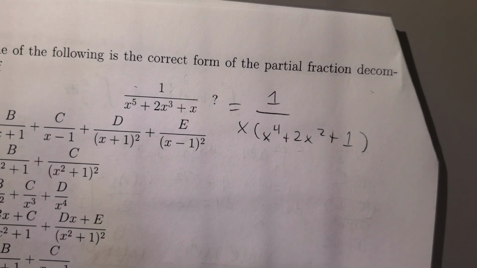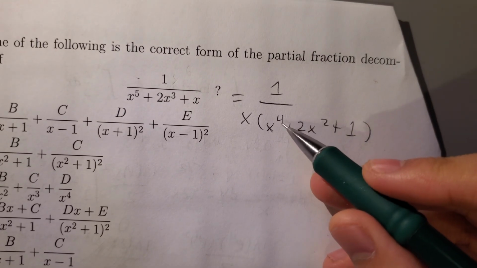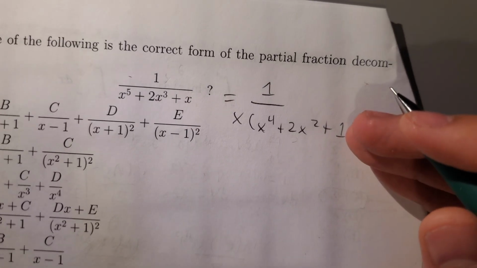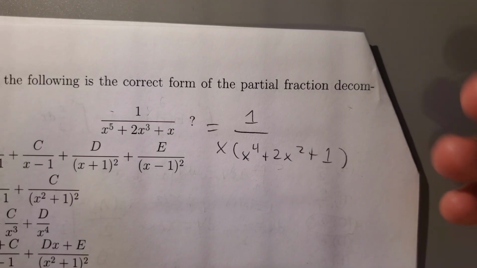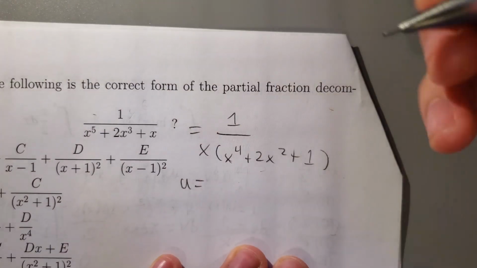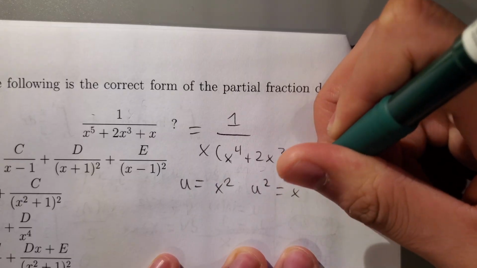The cool thing is, you may notice this, you might not, but this form, even though it's a quartic expression, it looks very similar to a quadratic expression. You can do that just by pretending that this 4 is a 2 and this 2 is a 1. And so, to make it easier to see, I'll use a different variable and say u is equal to x squared. So that would mean that u squared is equal to x to the 4th.